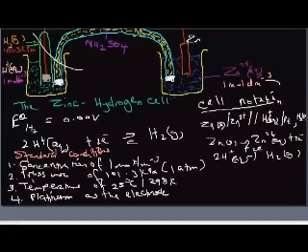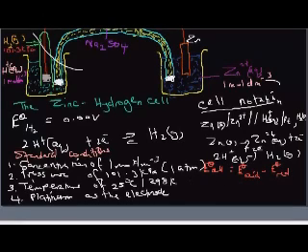If we want to find our electrode potential of the cell, it is going to be equal to the electrode potential of the oxidizing agent minus the electrode potential of the reducing agent.